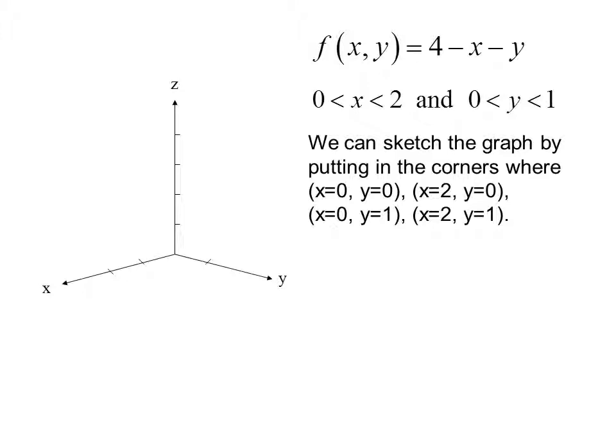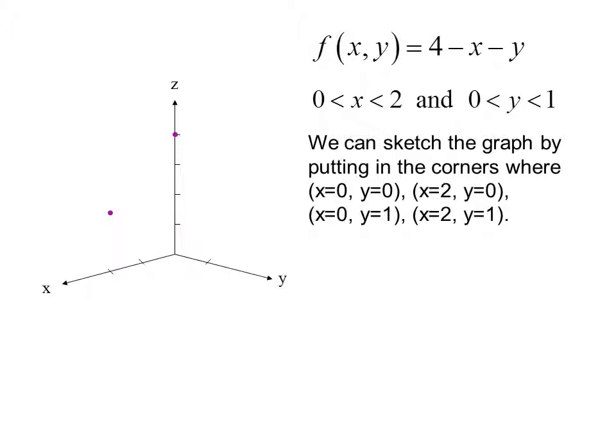We can sketch the graph by putting in the corners. Where x equals 0, y equals 0, f(x, y) equals 4. Where x equals 2, y equals 0, f(x, y) equals 2.